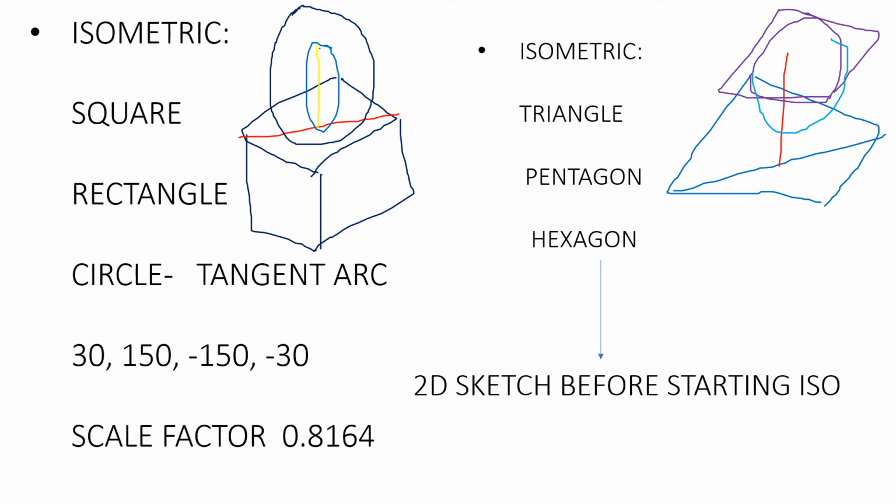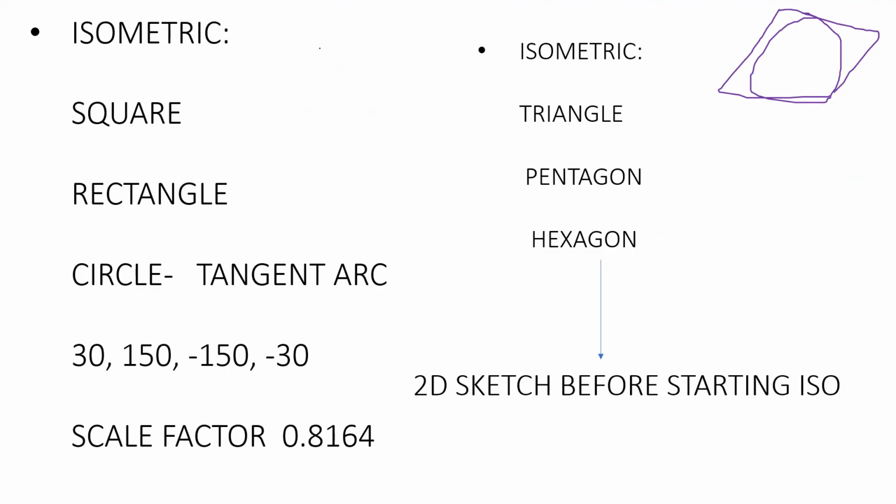And one more important is this one. For each and every polygon, like a triangle or a pentagon, you need to draw the 2D sketch, then you need to proceed with respect to the isoscale. That's very simple to get 25 marks. There's one more option where the examiners will ask you to convert the iso into the orthographic.